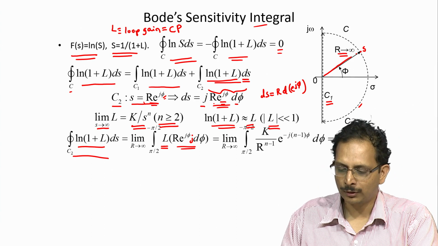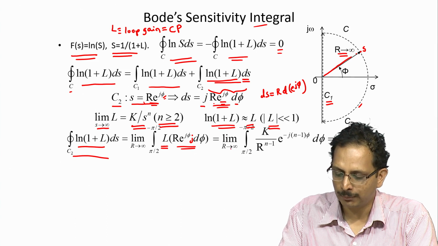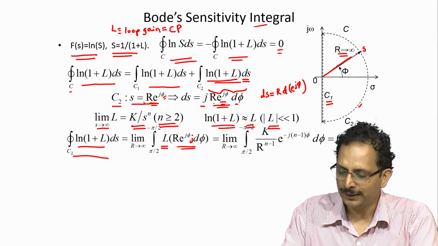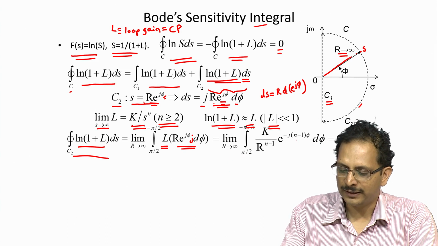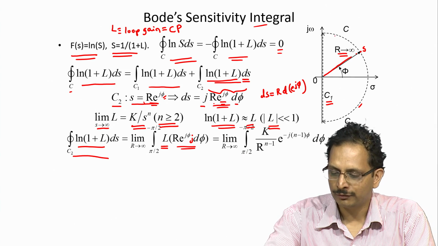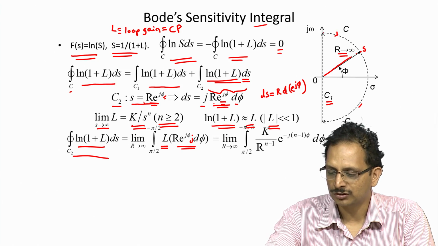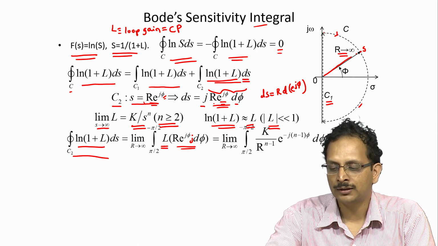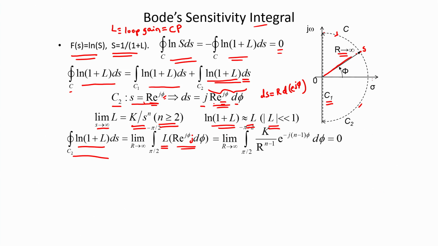Hence we would have this integral to be given by limit of r tends to infinity, the angle phi going from pi by 2 to minus pi by 2, because we are traversing this contour starting from some point on the positive imaginary axis and finally going to some point on the negative imaginary axis. The angle phi changes from plus pi by 2 to minus pi by 2 as shown here.